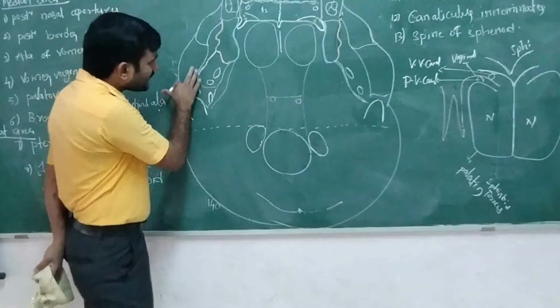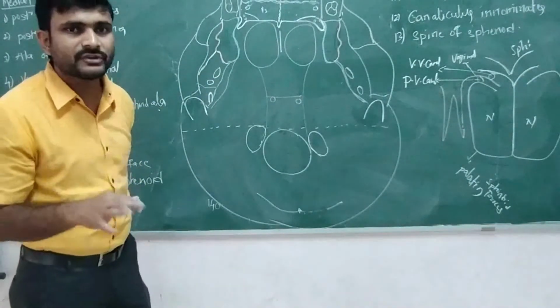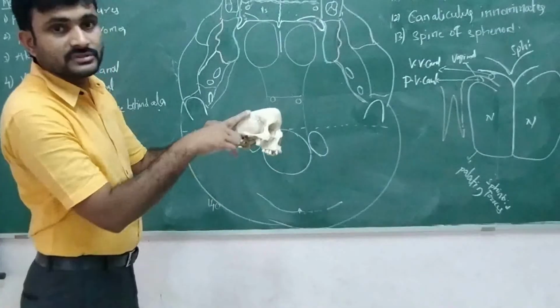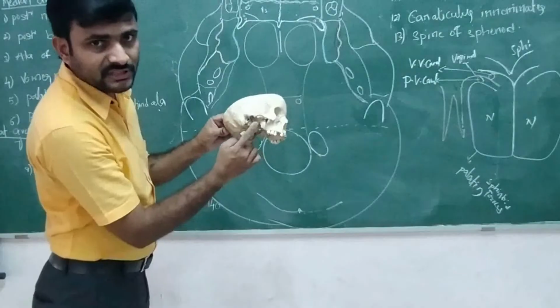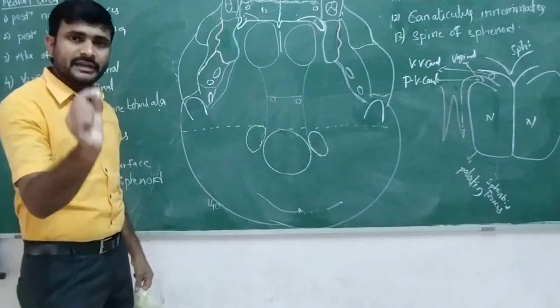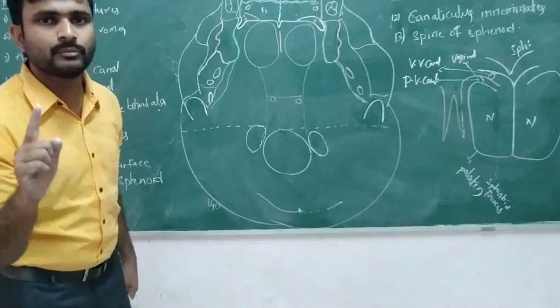So this area we call the infratemporal surface. This is the temporal surface, and this part is the infratemporal surface. That's why it's called the infratemporal surface of the greater wing of the sphenoid bone.